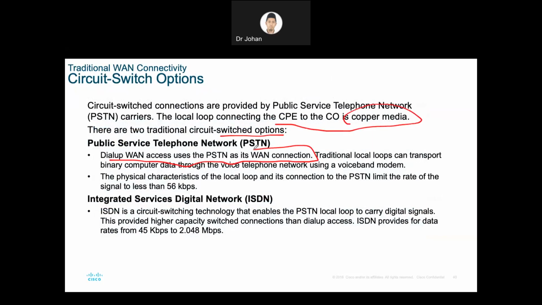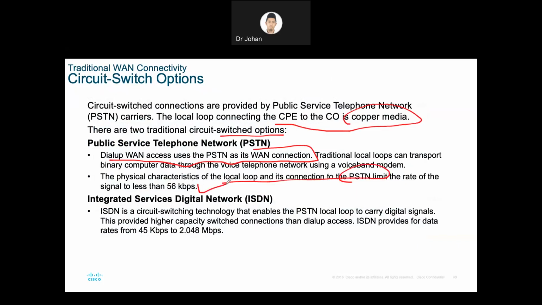Traditional local loops can transport binary computer data through the voice telephone network using a voiceband modem. The physical characteristics of the local loop and its connection to the PSTN limit the rate of the signal to less than 56 kilobits per second.